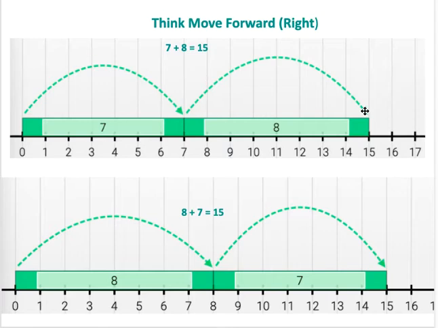Of course, it would not matter if you started at 0 and then moved 8 blocks forward first, took a rest, and then moved 7 blocks forward. You would still be at 15. Again, we see that order does not matter when it comes to addition.